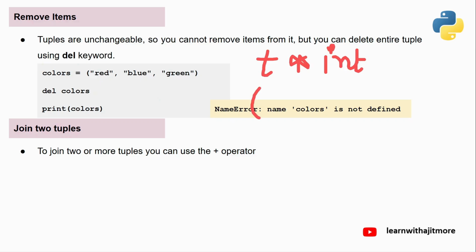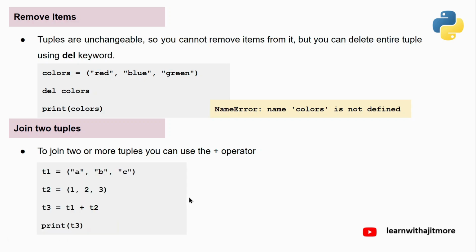It will create a new tuple in which the elements of the tuple are repeated that many times. Whatever number is given, it will repeat the elements that many times, and it will return a new tuple. Okay, so when I showed list repetition during lists, in the same way tuple repetition is also there. Okay, see, to join two or more tuples you can use the plus operator.